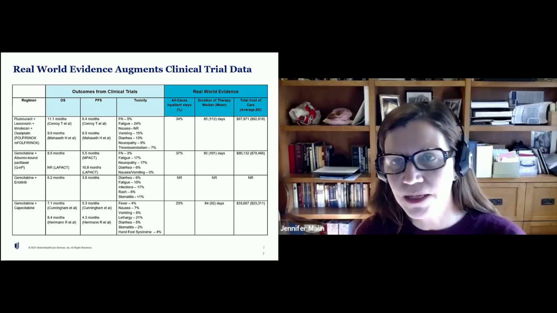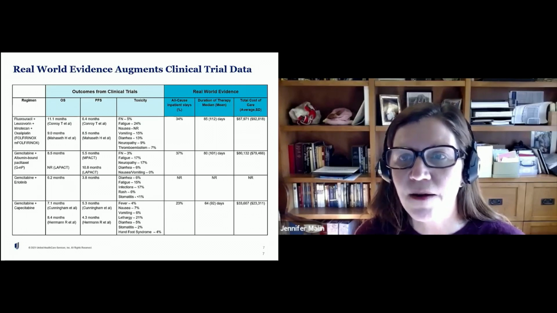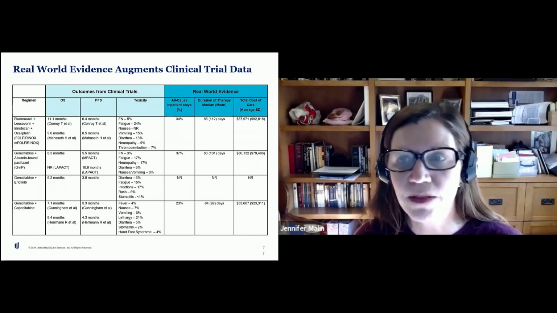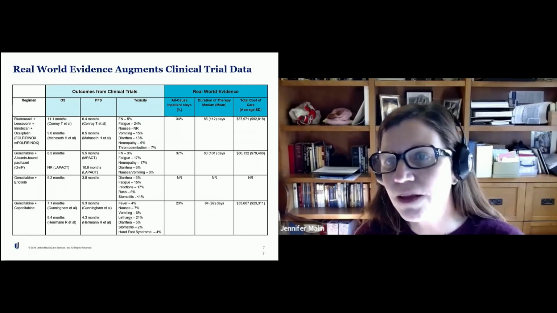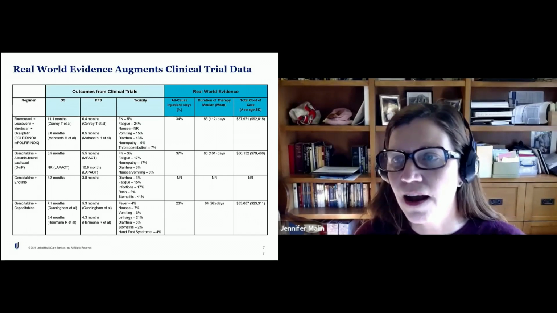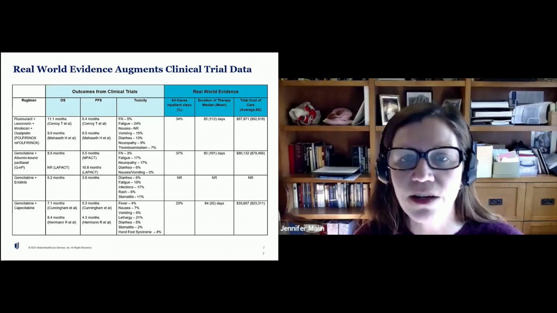And then on the right hand, we see that data augmented with real-world evidence data: the all-cause inpatient stays during chemotherapy with this regimen, duration of therapy being 85 days, and the total cost of care of $87,971 on average, with a pretty wide standard deviation.